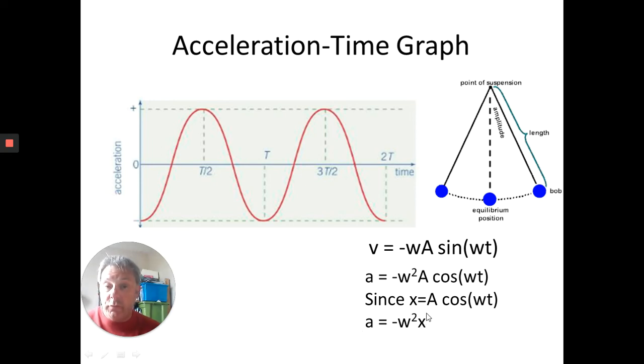And that shows it is an SHM situation. Acceleration is proportional to displacement. And so we can get information from graphs. We can often use it to work out what omegas would be, what x's, what a's would also be. We can get quite a lot of information.